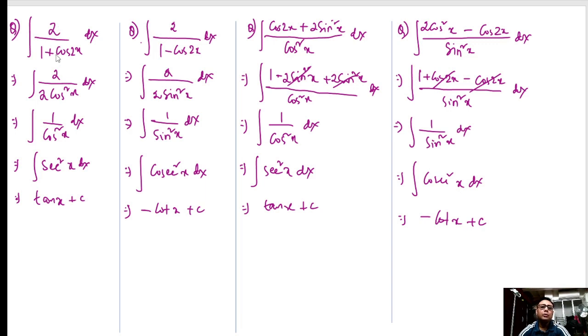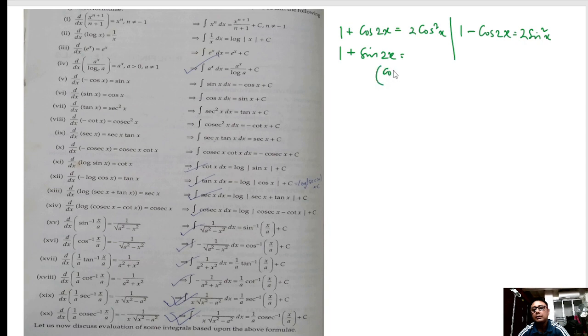Next, see, 2 by 1 plus cos 2x. Please remember 1 plus cos 2x. Let me write it here. 1 plus cos 2x is 2 cos square x. 1 minus cos 2x is 2 sine square x. 1 plus sin 2x will be cos x plus sin x whole square.